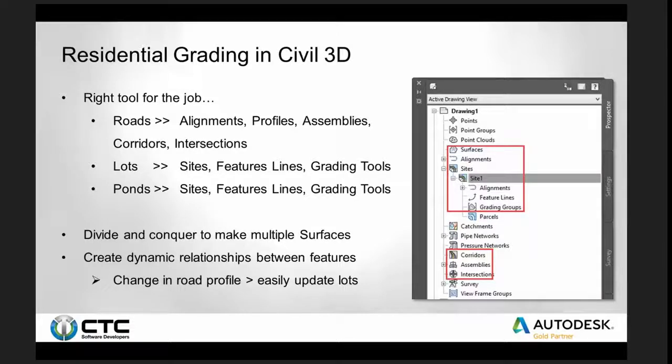How would a change in a road profile, for example, allow us to easily update the lot grading? That's one of the things we're striving for in this webinar and in this example: not just dropping in a bunch of feature lines and adding them as break lines to a surface, but rather we want to make a more dynamic model. And to do that, we have to use a number of different tool sets.